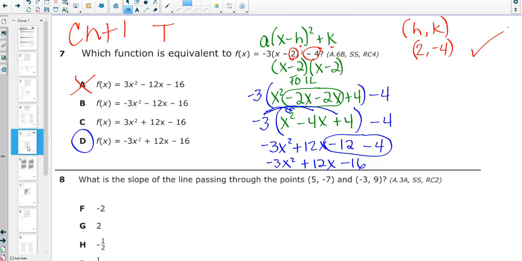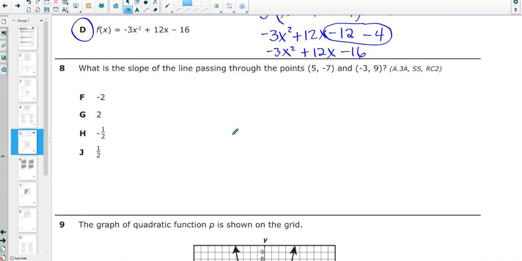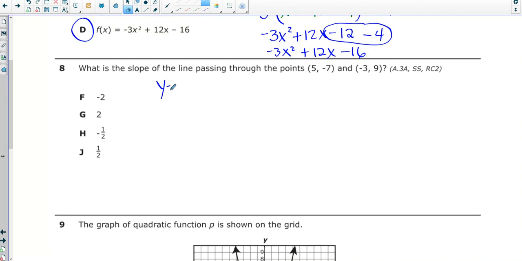So I'm going to write that here. And then we substitute, right? So I have 9 minus -7 over -3 minus 5.